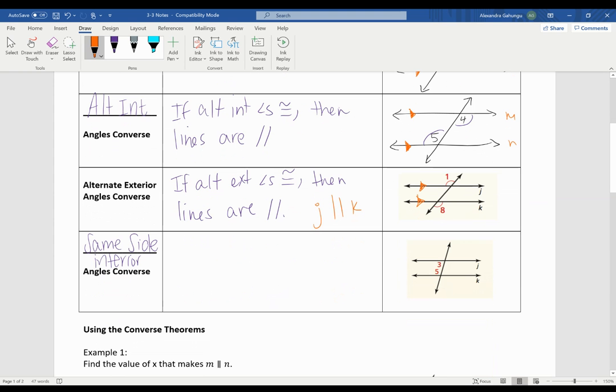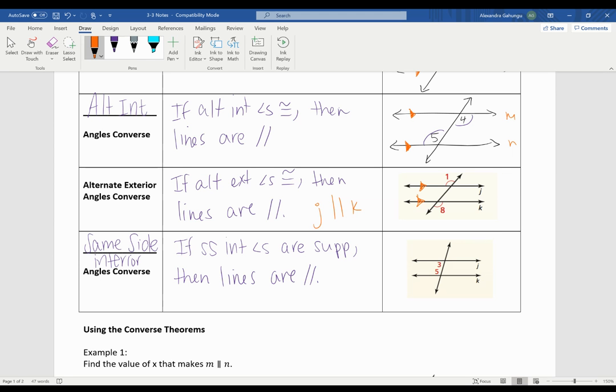Our last piece, our same side interior, those ones weren't congruent. If our same side interior angles are, and in this case, supplementary, not congruent, so supplementary, then my lines, again, are parallel.